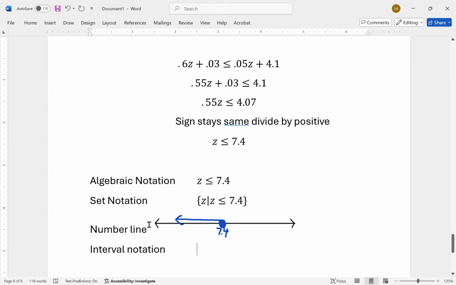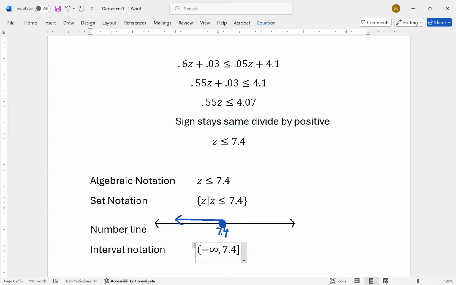We're going from -infinity up to 7.4. Remember, infinity and -infinity always have parentheses on them. Numerical values are either going to have a parenthesis or a square bracket.